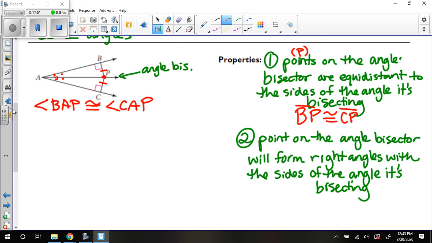Okay, so right angles with the sides of the angle that we're bisecting. If you look at the picture, those are already there. So from point P to point B forms a right angle, which means they're perpendicular. And from point P down to point C, also perpendicular, which forms a right angle.